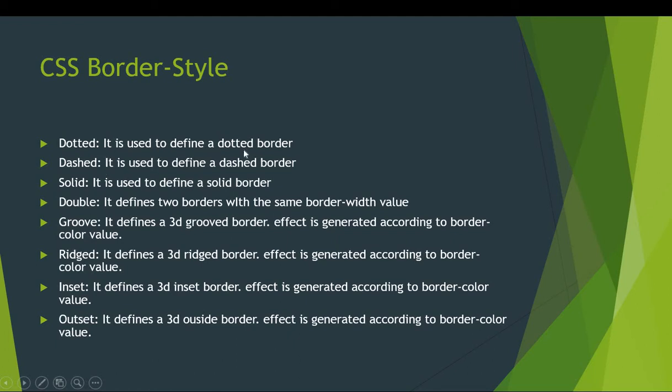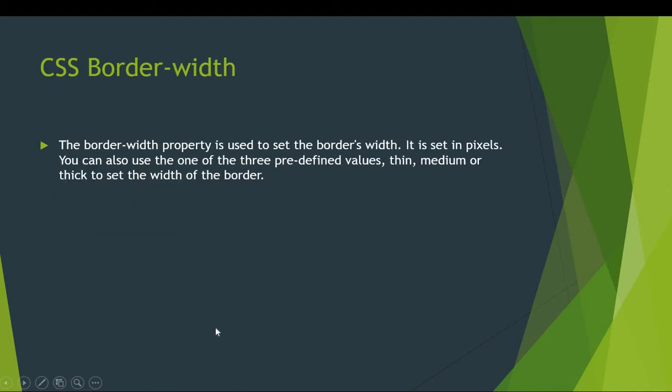Dotted is used to define a dotted border, dashed is used to define a dashed border, solid is used to define a solid border, double defines two borders with the same border width value, groove defines a 3D grooved border, ridged defines a 3D ridged border. In a similar way, inset and outset also define 3D inset or outset borders.